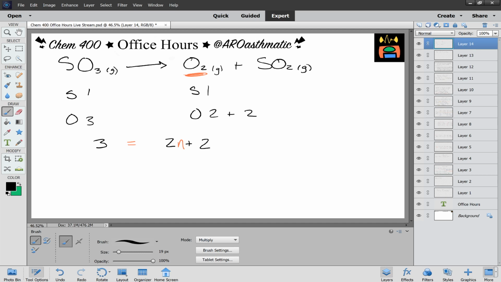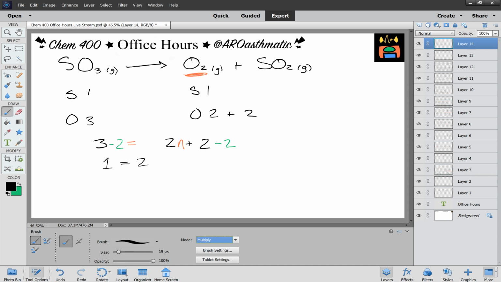Okay, right. We need a number that we can multiply oxygen by to make the number of oxygens on both the reactant and product sides equal. So we're going to first subtract 2 from both sides. Sorry, 3 minus 2 is not 3.